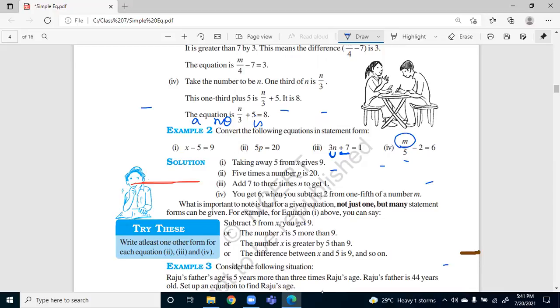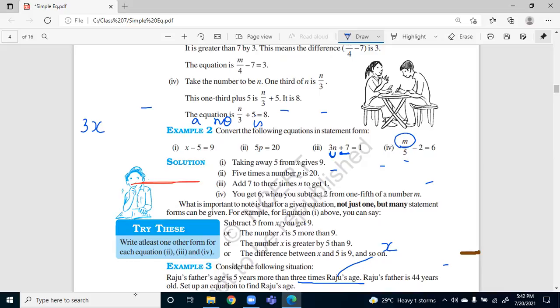ओके सो अगर हम मानते हैं राजू की एज है x, ओके तो इक्वेशन में क्या दिया हुआ है? Raju's father's age is 5 years more than 3 times Raju's age. So 3 times Raju's age will be 3x. 3 times means 3 has to be multiplied by that number x.